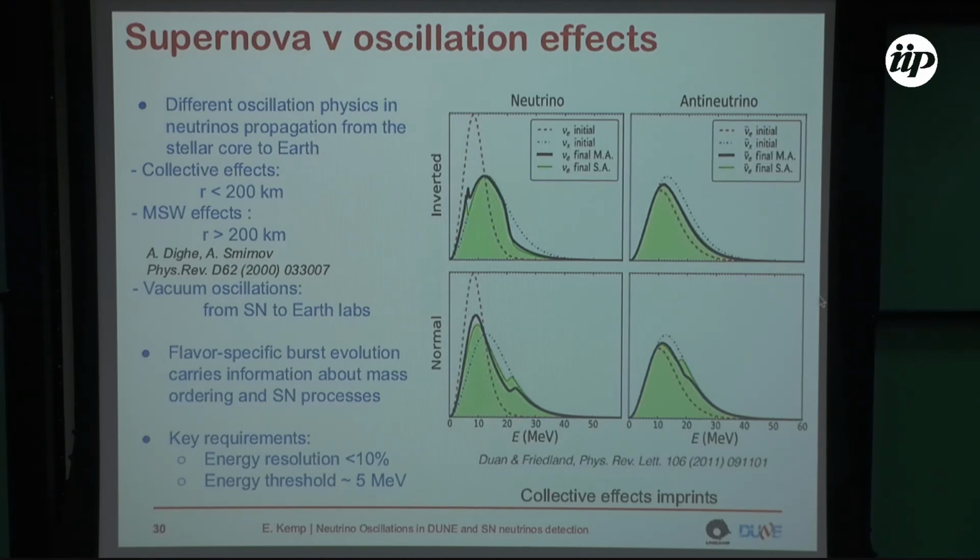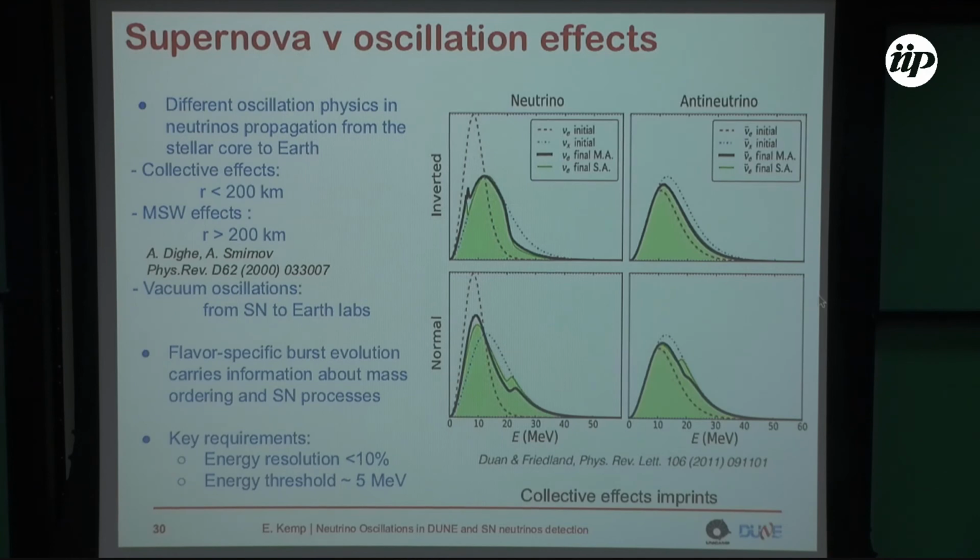As you can see, the dashed and the dotted lines are the unoscillated spectrum, and then in red and black, you see very different and amazing structures, which are modifications of the energy spectrum due to collective effects and afterwards the MSW effects in the supernova core.